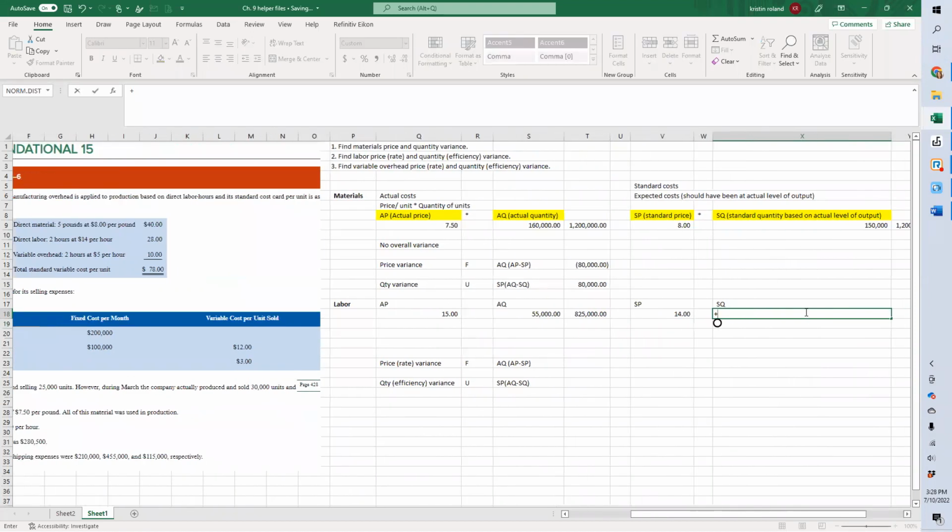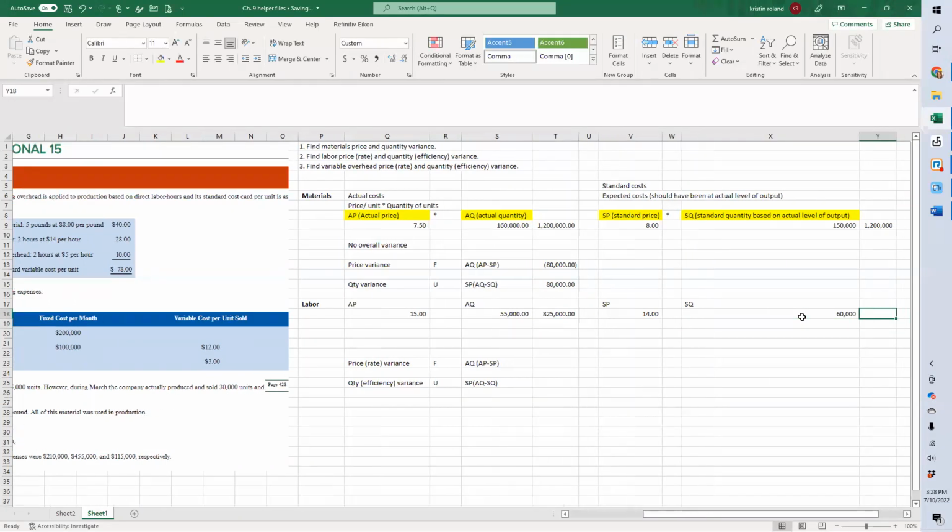So we expect to spend 2 hours per unit produced. So 30,000 units. So we expected to spend 2 hours times 30,000 units. So we expected to spend 60,000 hours. Okay, and so our total expected labor cost was $840.